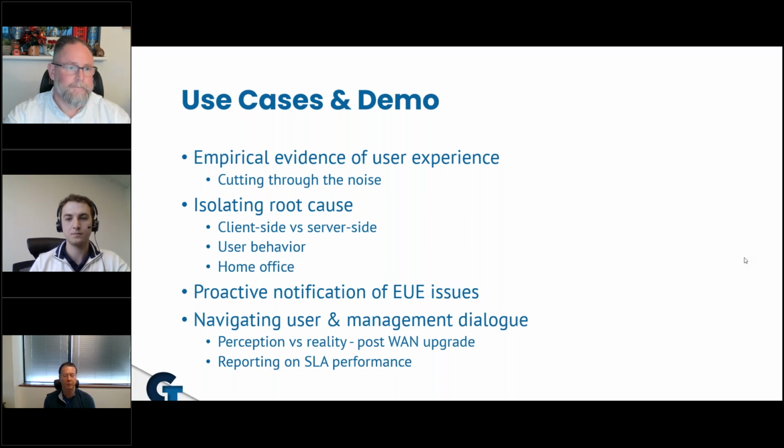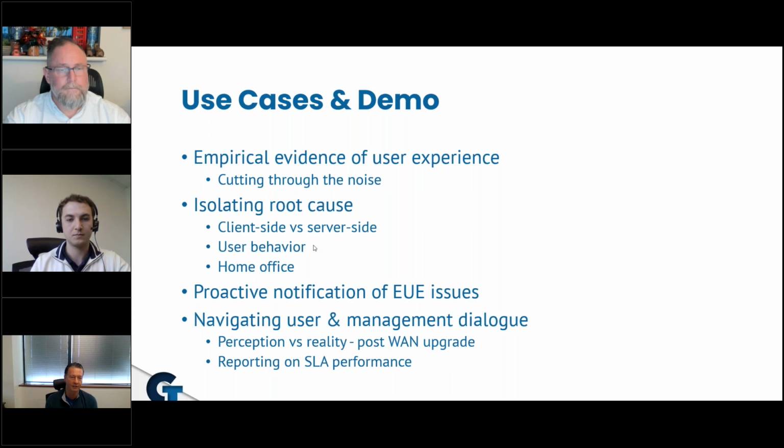So that gives you the ability to prove where the problem is, maybe where the problem isn't. Let's talk a little bit about isolating the root cause then. So somebody says, okay, now we know that maybe it's not 10,000 users that are having a problem. Maybe it's only 1,200, which is still plenty. 1,200 users that are having an issue.